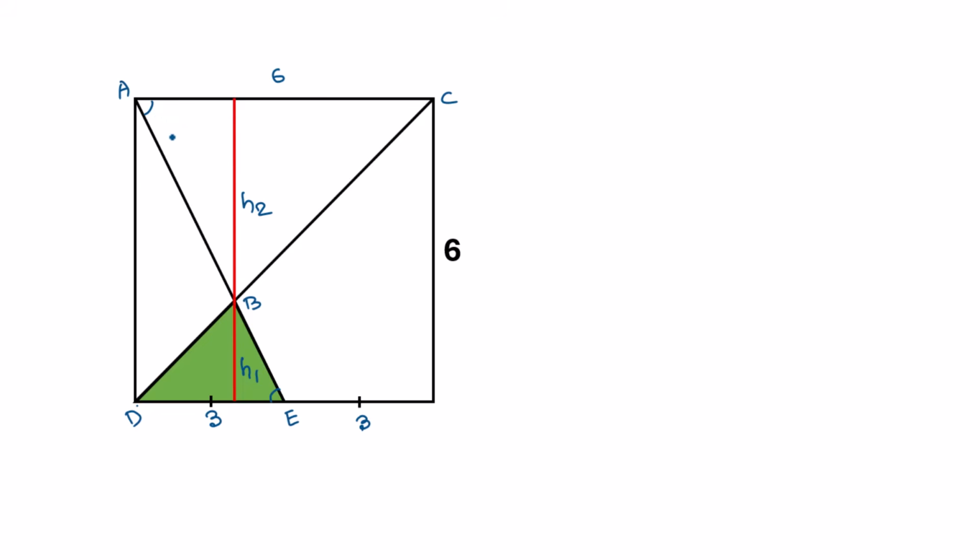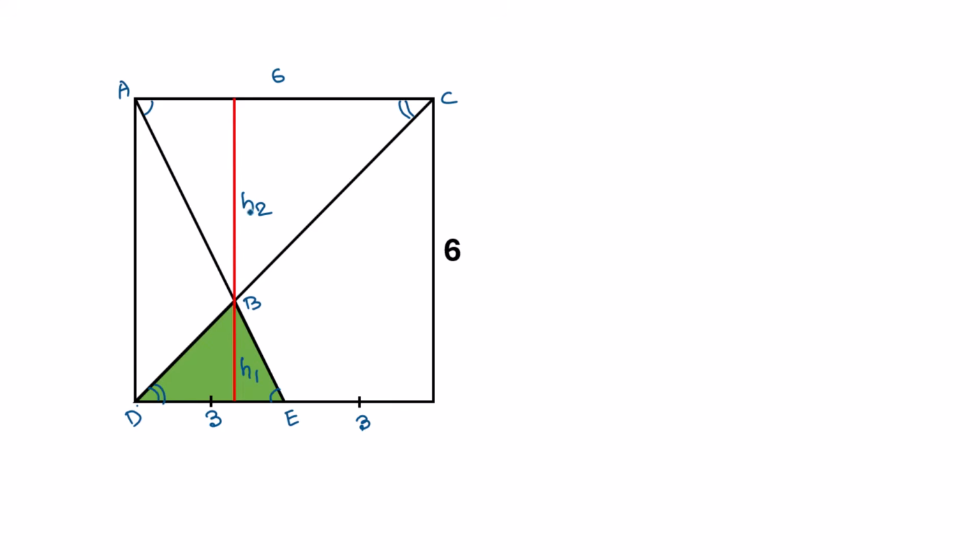For the similar reason, this angle is the same as this angle. So the rest of these two angles will be equal. For this reason, the triangle ABC is similar to triangle DBE.